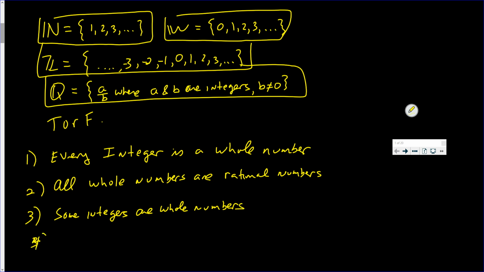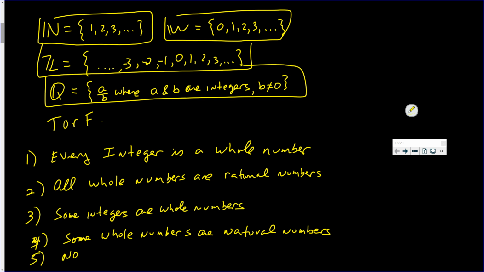Oops, 4. Some whole numbers are natural numbers. And number 5 is no integer is a rational number. Guess I should put question marks here.